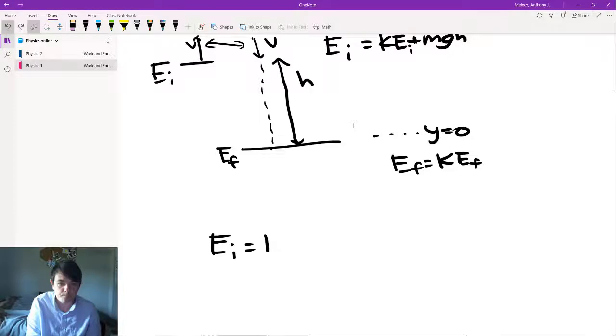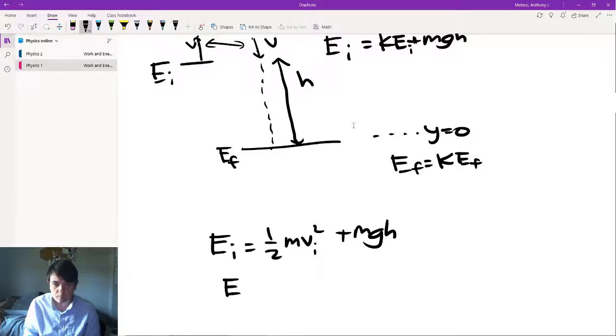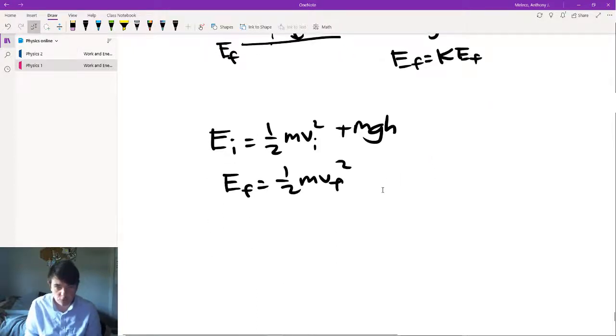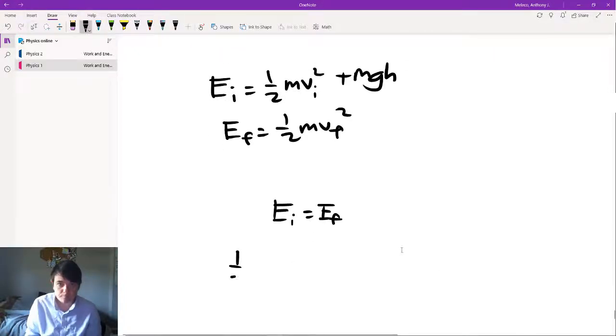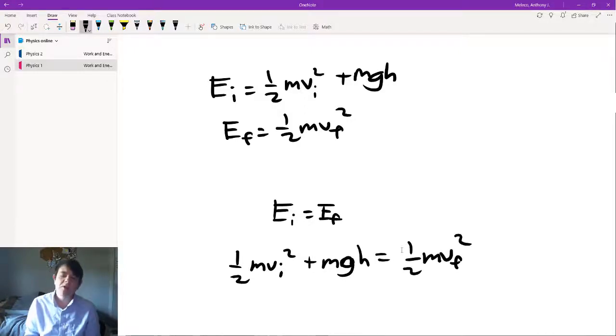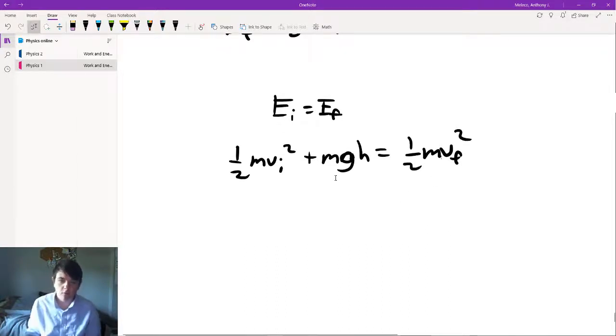So 1/2 m v initial squared plus mgh. E final will just be 1/2 m v final squared. And we just want to solve for this. So E initial equals E final. Now I don't really like these 1/2, so when we multiply by 2, we'll get rid of them. Okay, that works.